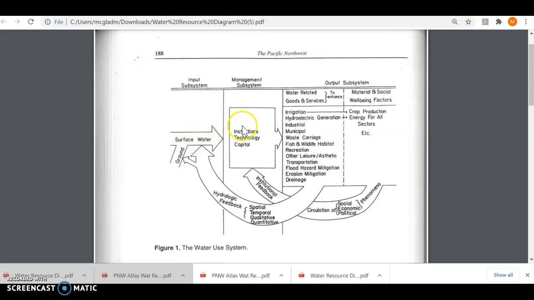All right, now, institutions, technology, and capital are the management subsystem. Whew. Institutions, what does that mean? Maybe the best thing I can do is talk about these other two first. Let's imagine a river system with dams on it, some of which provide hydroelectricity, some of which provide flood control, some of which allow barges to pass through so they have locks, and so on and so forth.